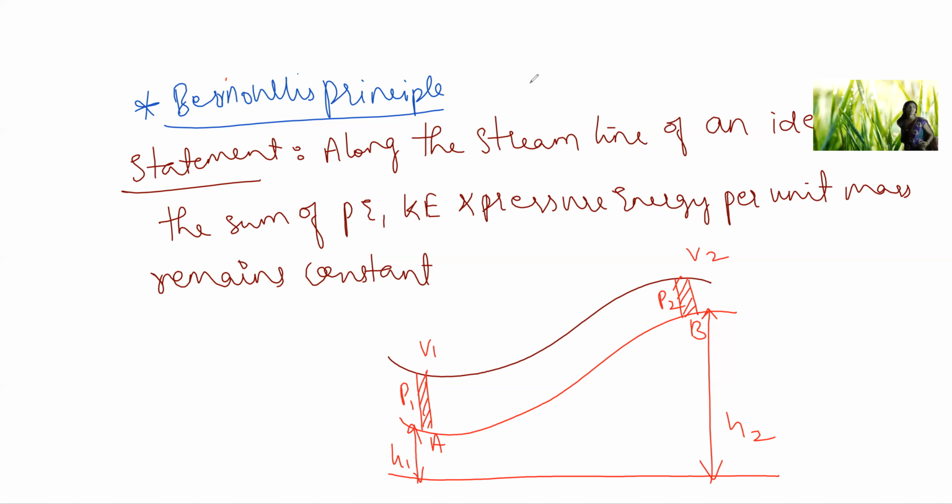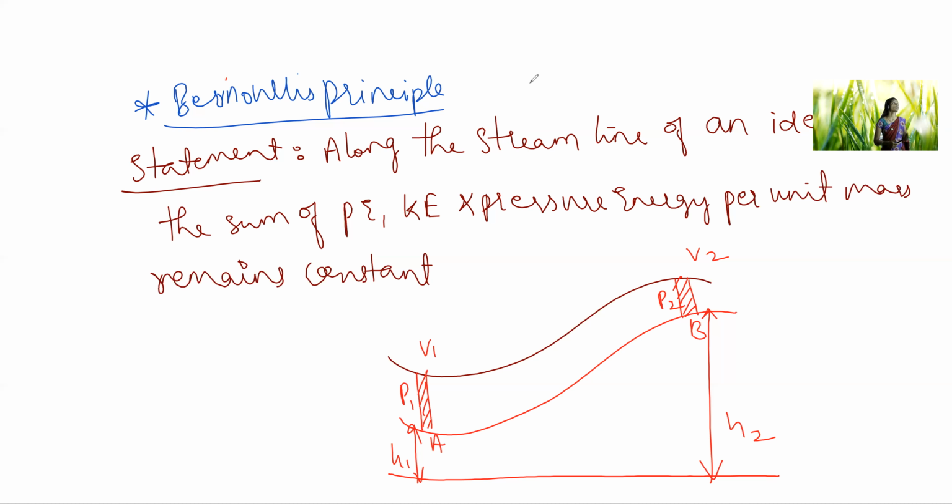Here it explains Bernoulli's principle. What it states is, along the streamline of an ideal liquid, the sum of potential energy, kinetic energy, and pressure energy per unit mass remains constant. So let us explain how it remains constant.